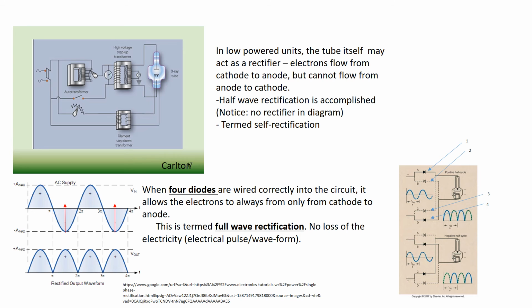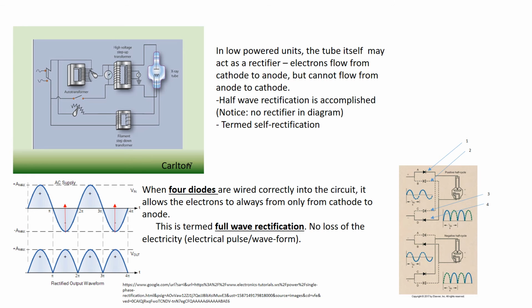Diodes are actually like one-way street signs. They say, okay, electricity, you can flow through me and go in this direction, but you can't flow through me in the other direction. I'm not going to let you. So they're acting as one-way street signs, to allow electrons only to flow through the tube from the cathode to the anode. In order to accomplish this, you need to have 4 diodes wired correctly into the circuit.